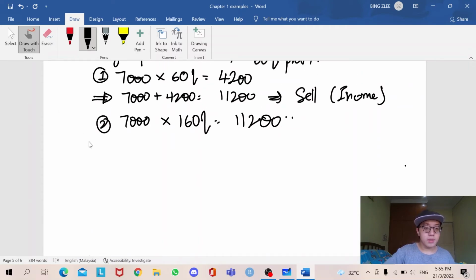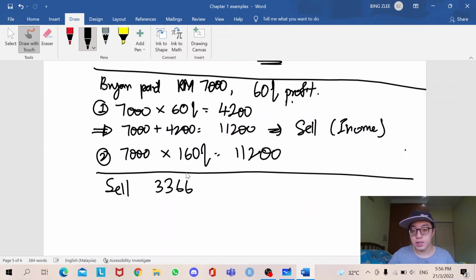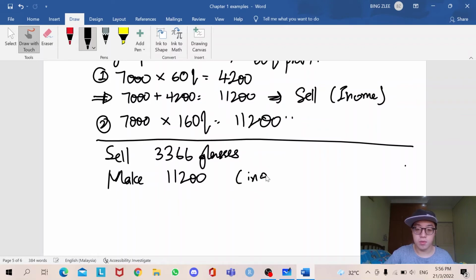After we have arranged all this information, you can only sell 3,366 glasses, and you must have an income of 11,200.